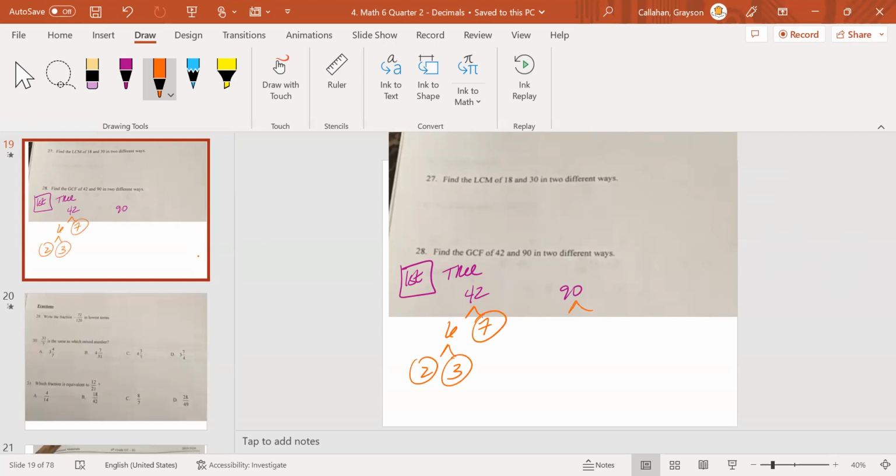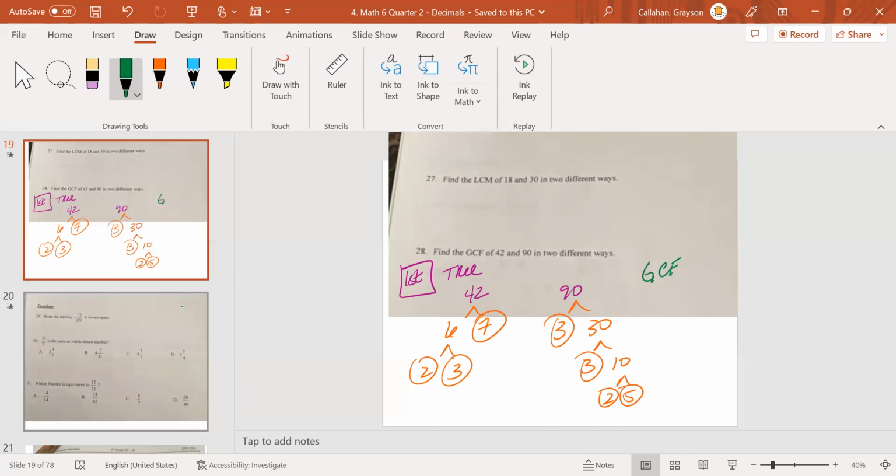These are prime factorizations. 90, I could do 3 and 30, 3 and 10, 2 and 5, right? What is the greatest common factor? What do they share? We both share 3 and 2. Good. That's the first way.